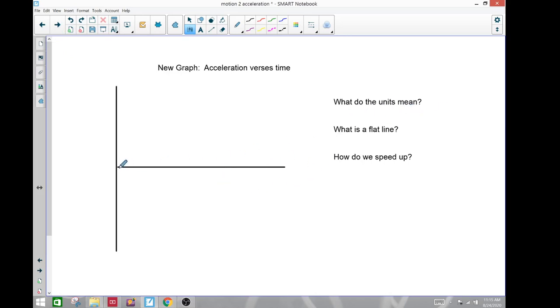We have meters per second squared, so acceleration here, and we have time, which could be in seconds. We have your jerk, which is meters per second cubed, and we have meters per second for the area under the curve.